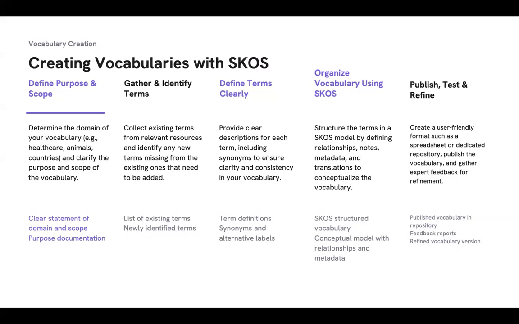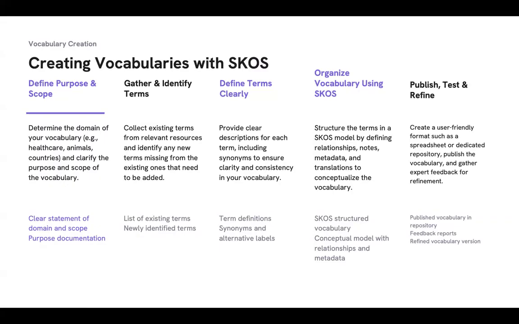Then we go on to define the term. So we have the register, we clearly specify, okay, this is what the term is. That's the point where we also specify the synonym, if there are any terms that are related, and we clarify and ensure they are consistent.